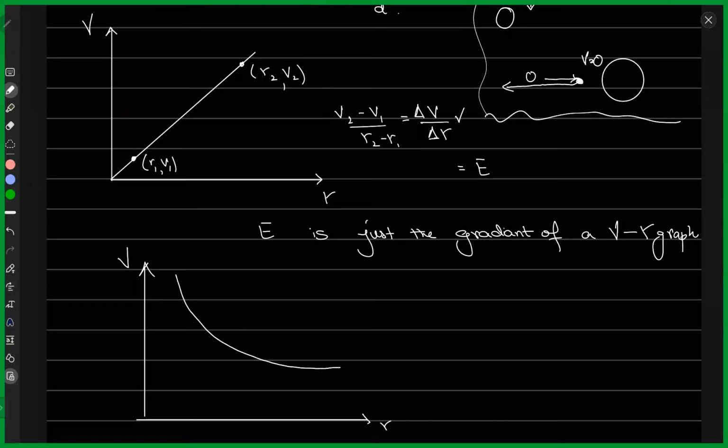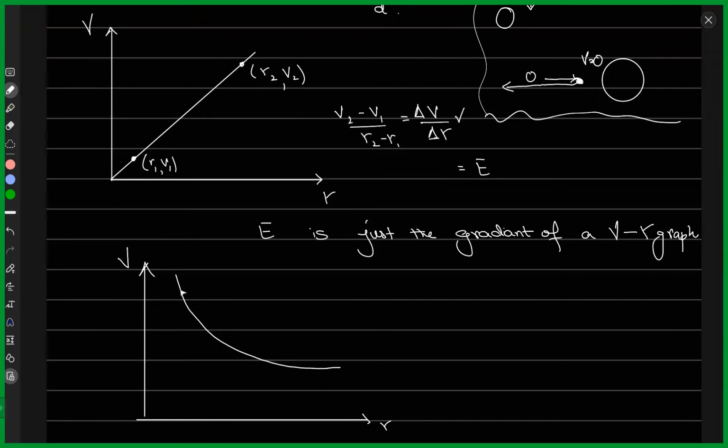In this case, how would you compute the electric field strength? Again, your task is to find the gradient on this line. At every point on this line, the gradient would be different, right? So that implies that for this graph, the electric field strength at every point would be different, right? And why is that so?